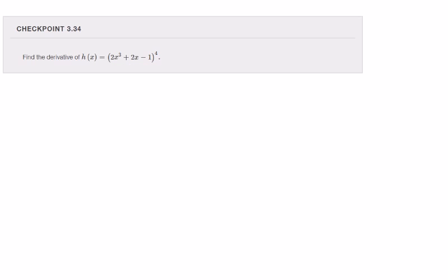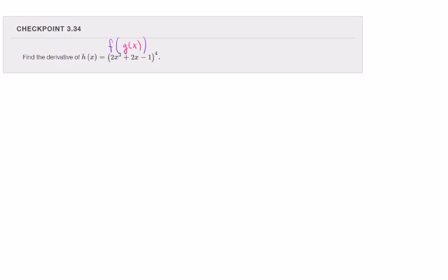So we basically have a function within a function. The g of x function would be the polynomial inside there, the 2x cubed plus 2x minus 1, and then the outer function would be the raised to the fourth power, right? So the f of x function would be the exponent, the raised to the fourth power there.